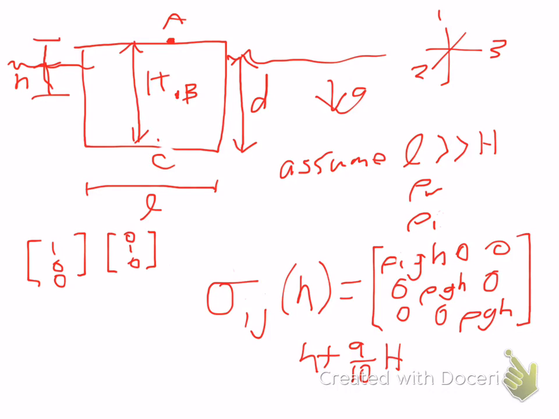It might be simplest to choose an origin, probably either C or A, and then reference the weight, rho of the ice times g, times the distance from that top.